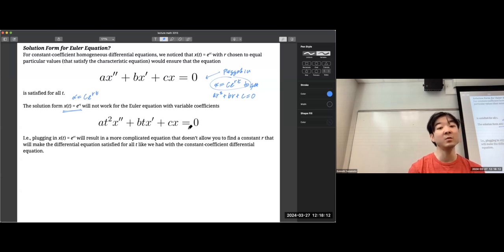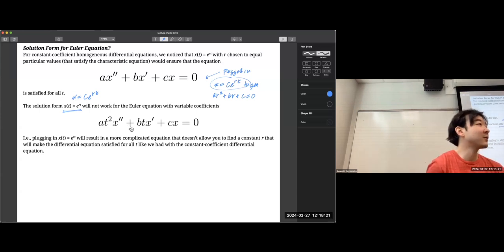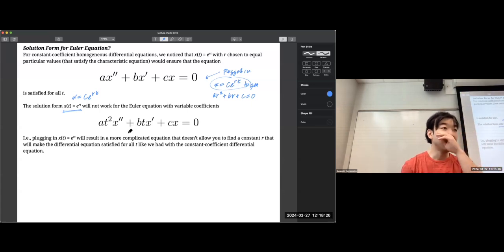But there's no hope that this will work out, because all the terms are multiplied by t and t squared. Of course, if you wanted to solve the differential equation when t is equal to 0, then you're good, but you wouldn't have a way to get all the terms on the left-hand side to eliminate for all t.